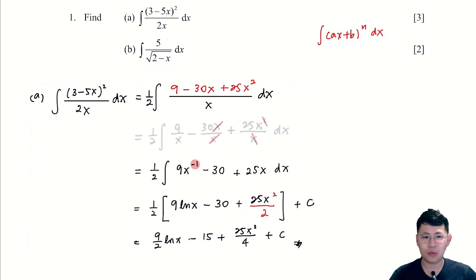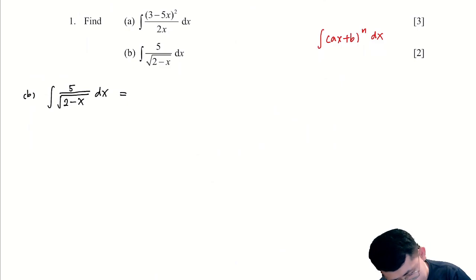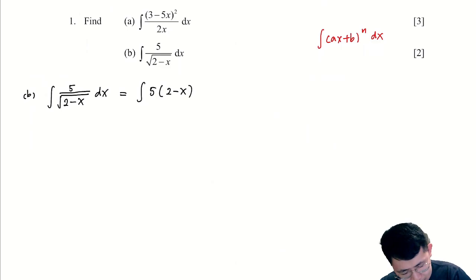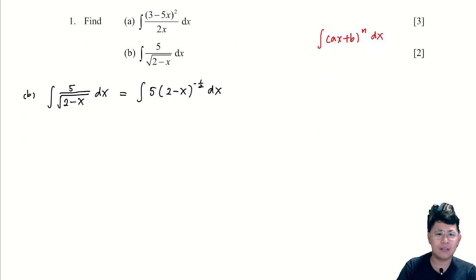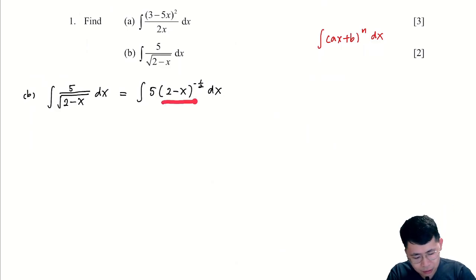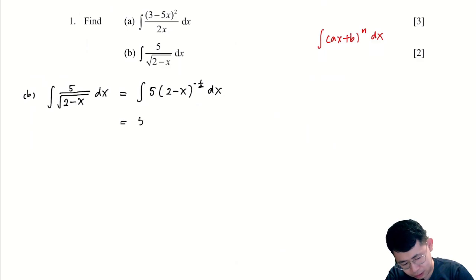How do we do so? We can write this as 5 bracket 2 minus x. The denominator means power negative, then square root means power half, so total will be power negative half, as we've seen in differentiation. After we express this in power form, bring the 5 out.